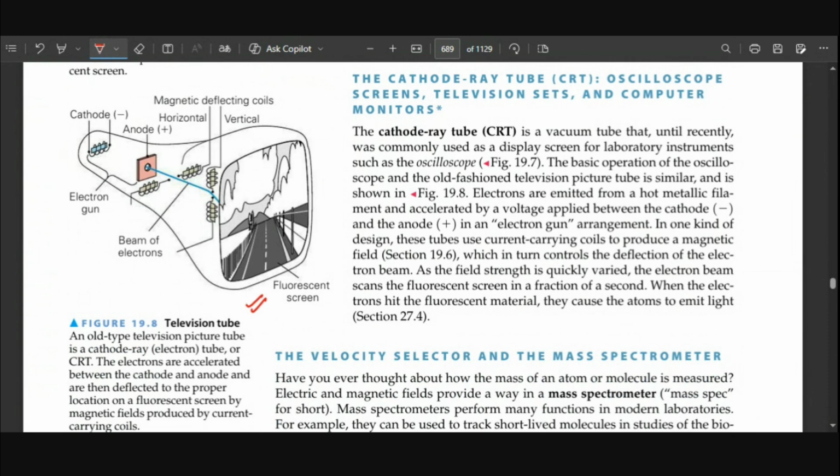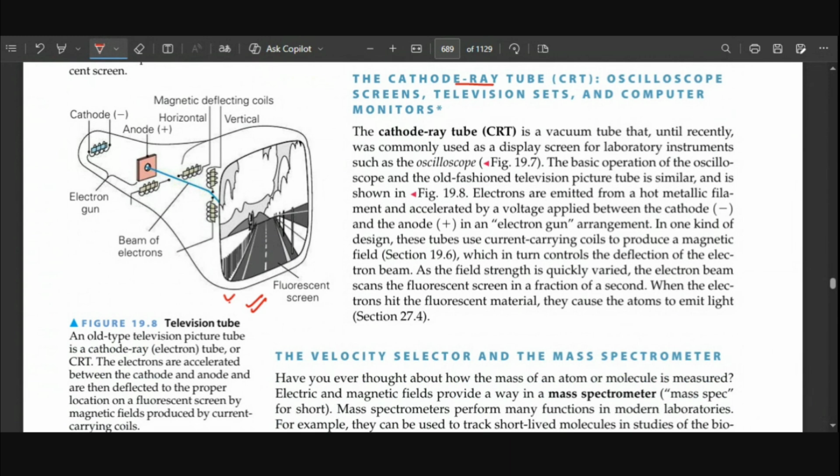Did you see such televisions? Yeah. These televisions make use of cathode rays, or you can say spectroscope, which actually creates the image.